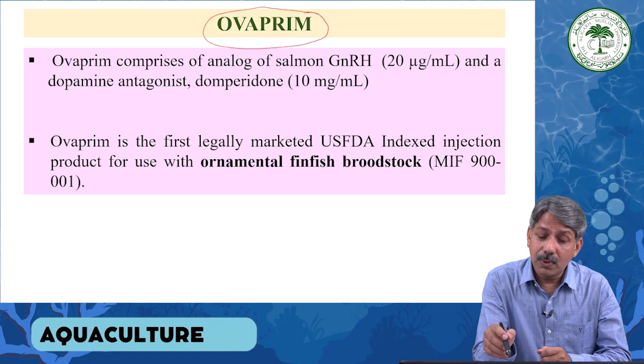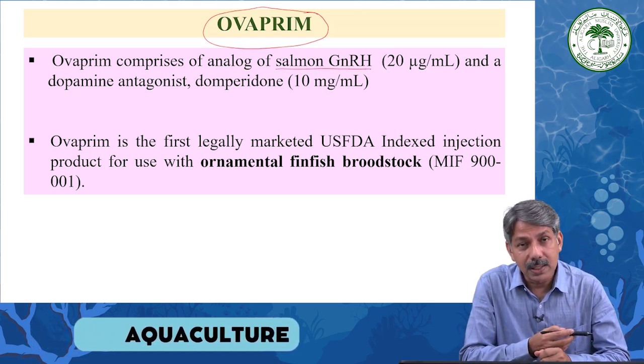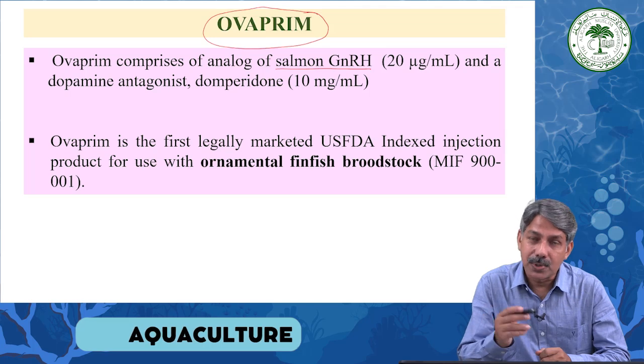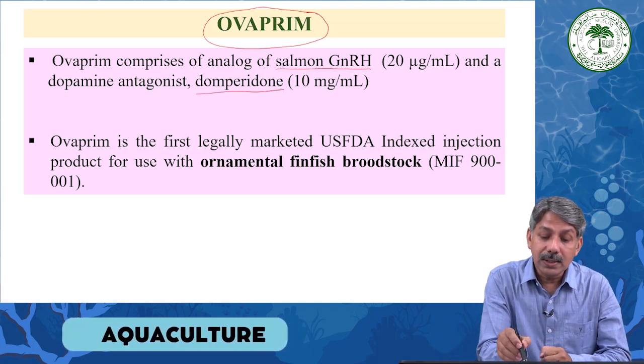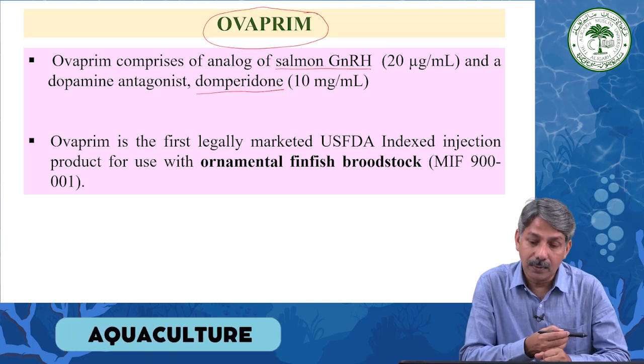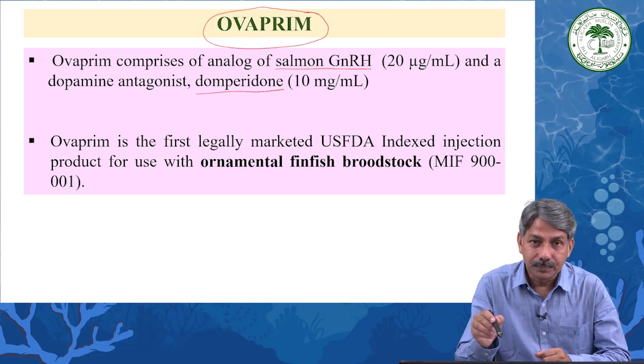What is the composition of Ovaprim? Salmon GnRH, salmon gonadotropin releasing hormone, and a dopamine antagonist, here in this case domperidone. Nowadays, they are using sGnRH analog.